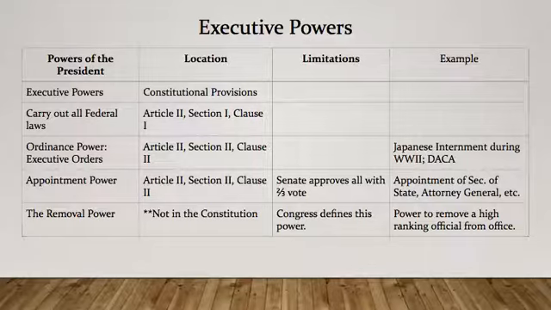That is an executive order, and there was a lot of controversy over DACA when President Obama issued it, whether it was constitutional or not, whether it was overstepping the bounds of what an executive order should be. There have been plenty of examples of executive orders in the past.